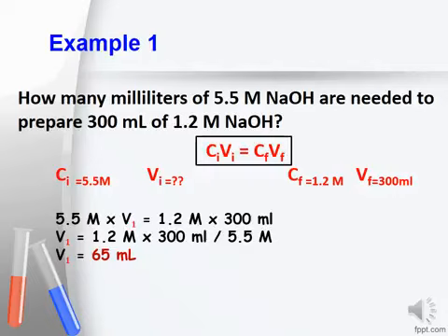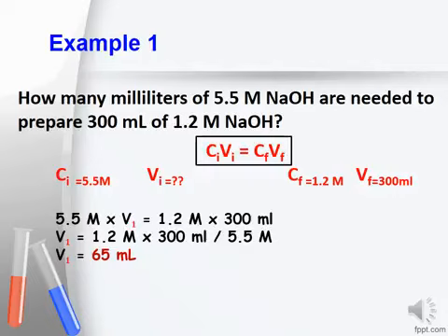What is the unknown? The unknown is the volume that I'm going to take from the stock, VI, the initial volume. How am I going to solve it? First I write the equation CIVI equals CFVF.